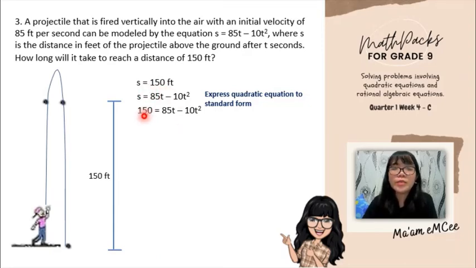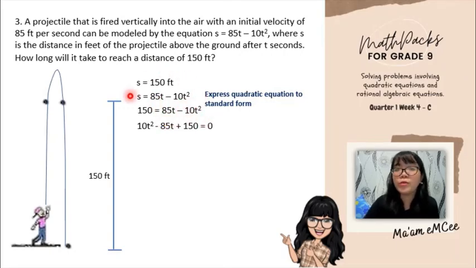So this will be our equation, and we need to express it in standard form. To do that, we transpose every term from this side of the equation to this side, because as you may notice, the quadratic term is negative. So we transpose to the left side.